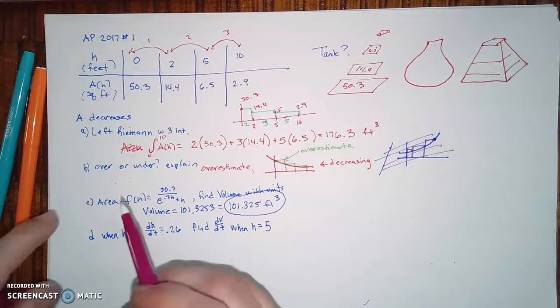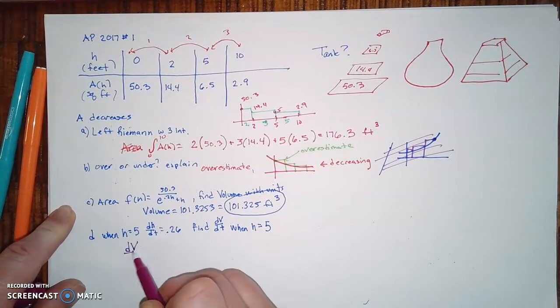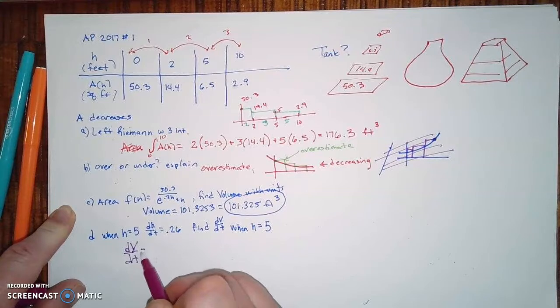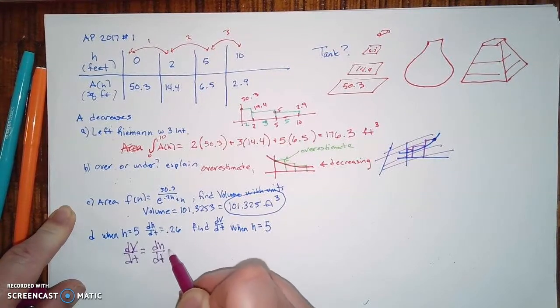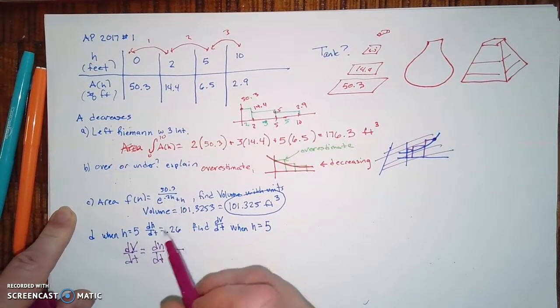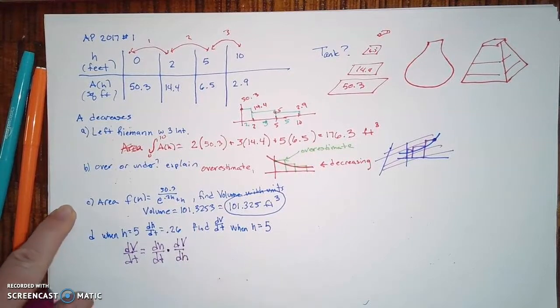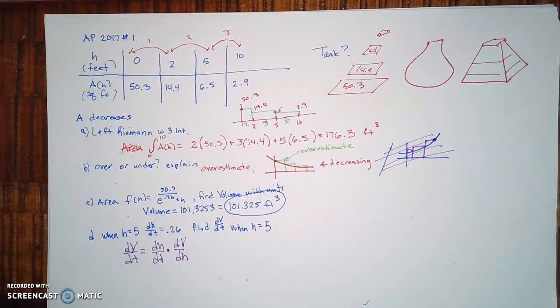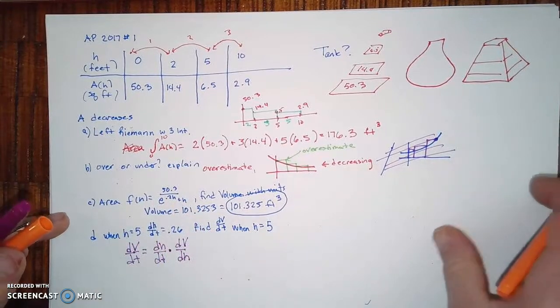Okay, so the question here is, what could dV/dt be equal to based on dH/dt? Well, if you look at it, we need to come up with a fraction that will cancel out the h, and dV/dH would be that equation, because if you look, the h's there would cancel each other out.